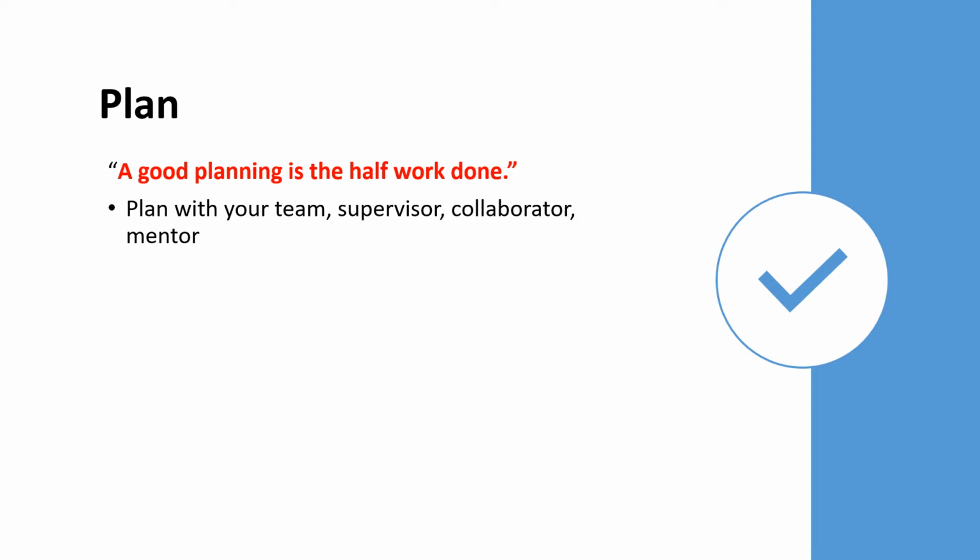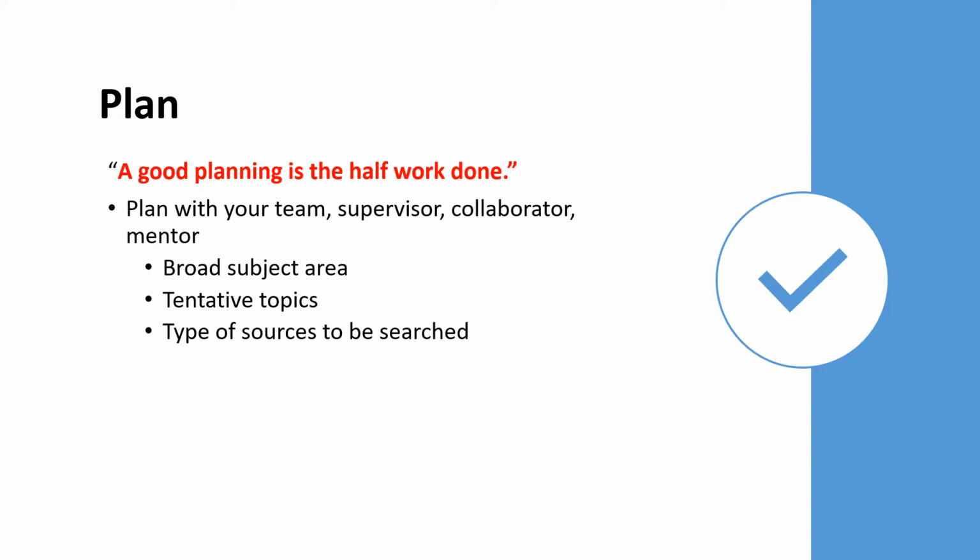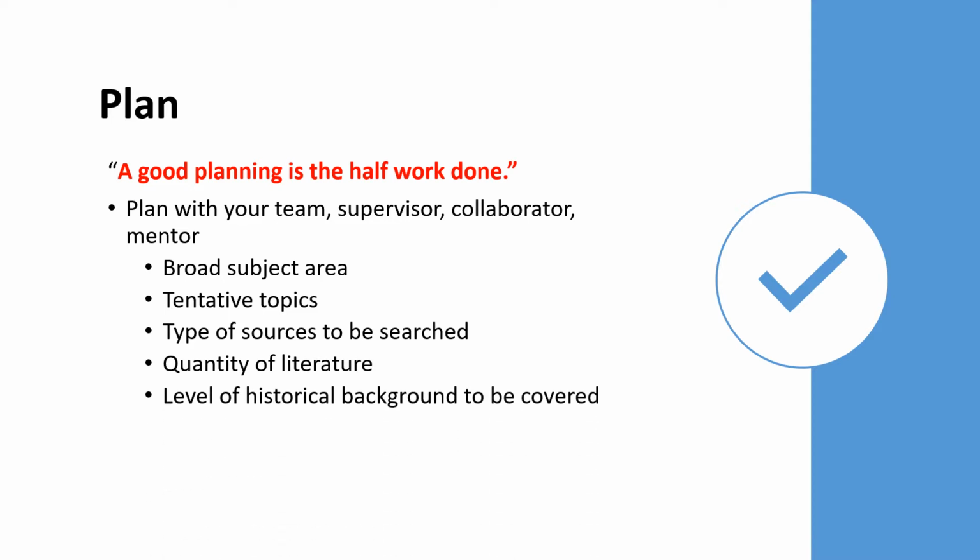Plan the things with respect to number 1, subject area, focus area of research work, tentative topics, types of sources to be searched, quantity of literature, level of historical background to be covered, converging strategy, and synthesizing or analyzing strategy.